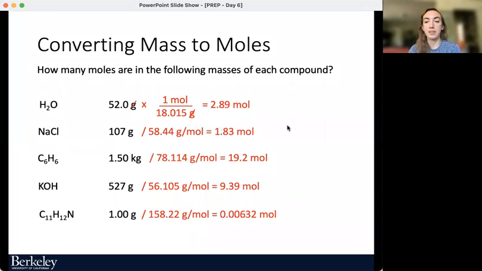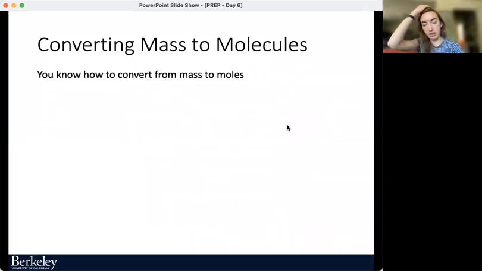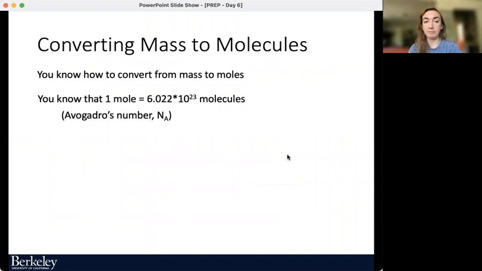Okay. So the last thing I want to mention briefly is to go back to using Avogadro's number. You know how to convert from mass to moles, we just did it. And we also know that 1 mole is equal to 6.022 times 10 to the 23rd molecules.